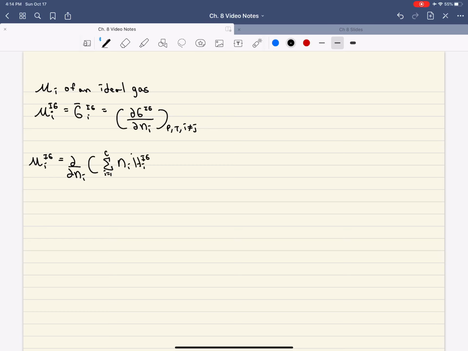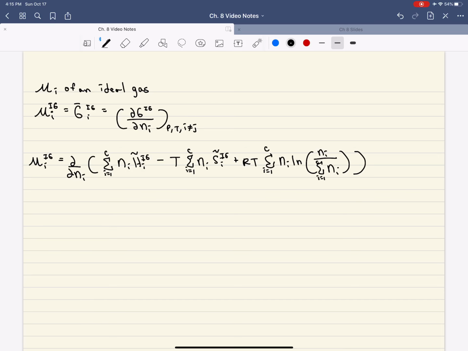N_i H_i^ig minus, and I'm going to multiply across the moles, sum from i equals 1 to C of N_i ln... here.